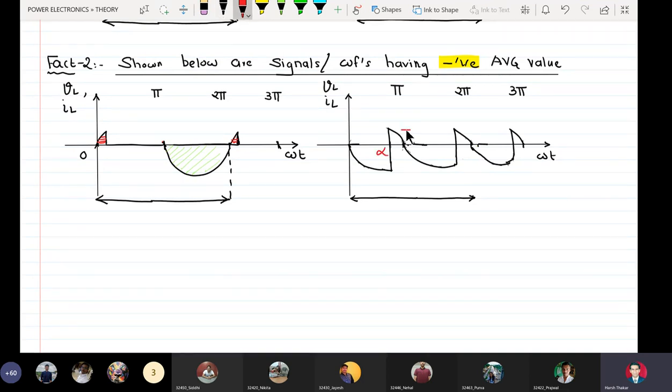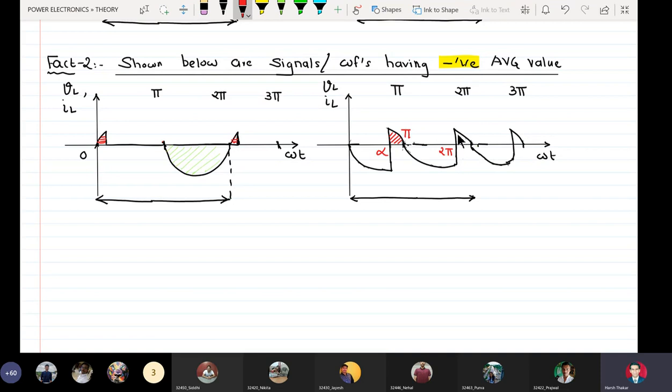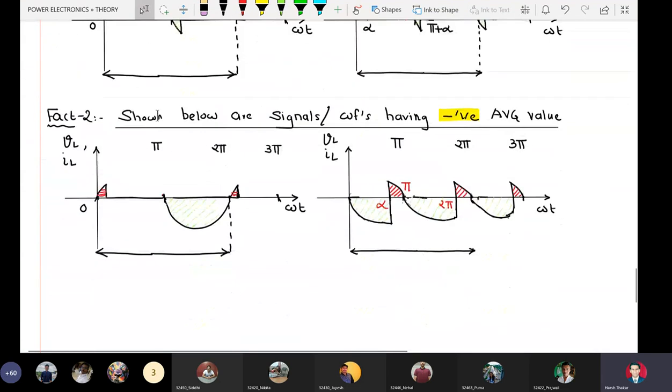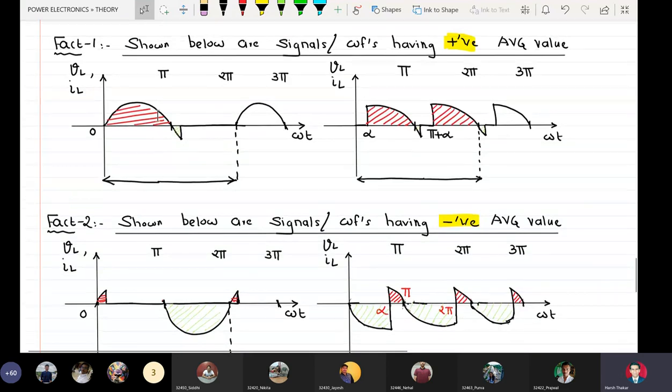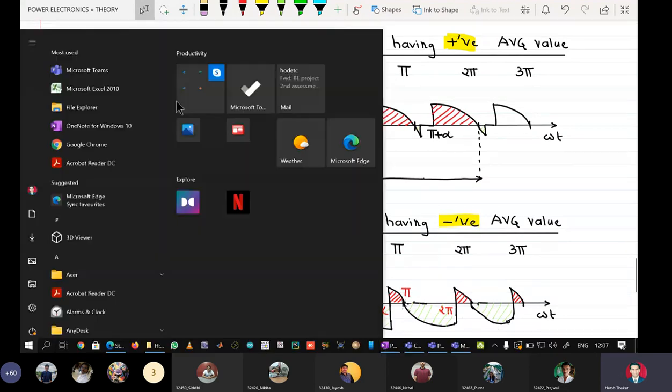Okay, alpha, pi, two pi. Right. So the fact 1 and fact 2 examples are from an uncontrolled rectifier and a controlled rectifier respectively.